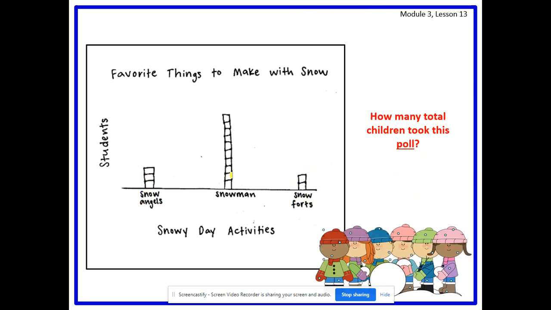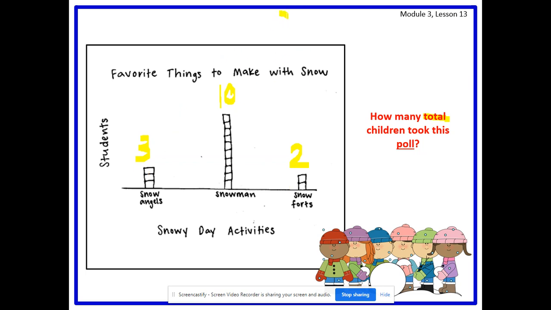How many total children took this poll? Keyword right here is total. And this time it wants you to put together all the votes because they want to know how many children I asked. So for that, we need to put together the number of snow angels, the number of snowmen, and the number of snow forts. So we're going to add 3 plus 10 plus 2.